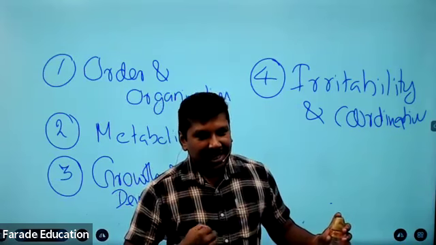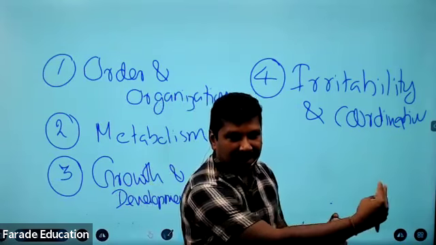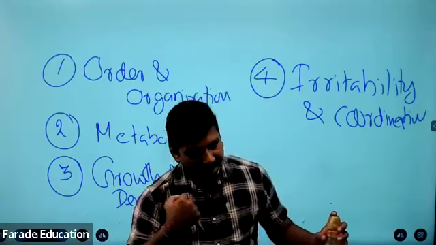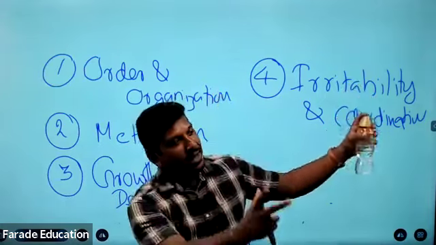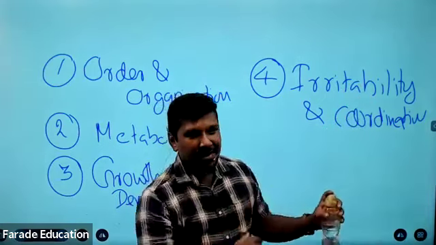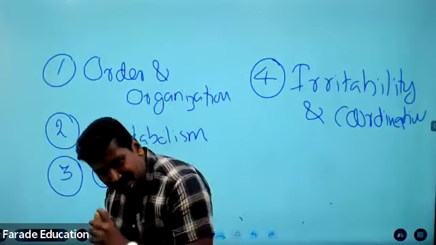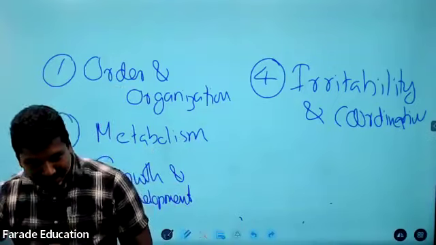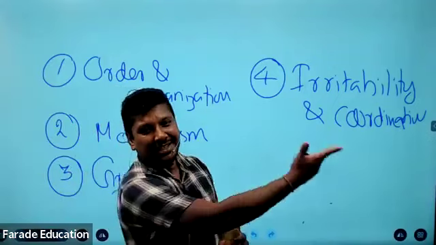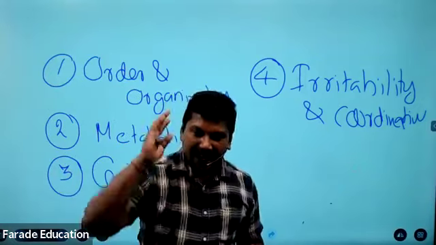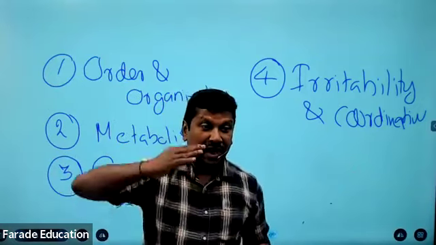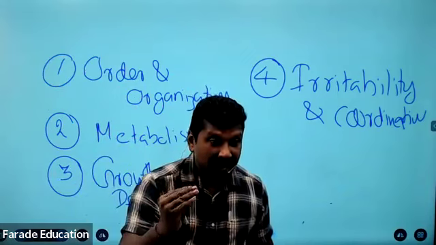So that is an external stimulus, and I am responding. If the fellow is very large, twice my size, then I'm going to run. So that is my response to the external stimulus, right? So irritability means the ability to respond to a stimulus.